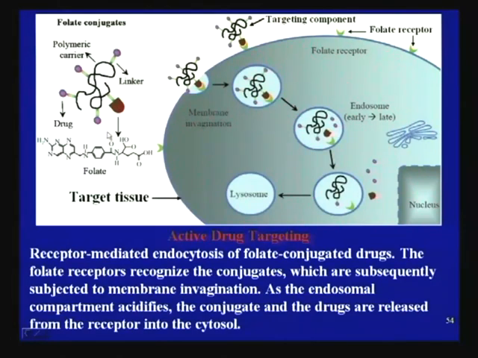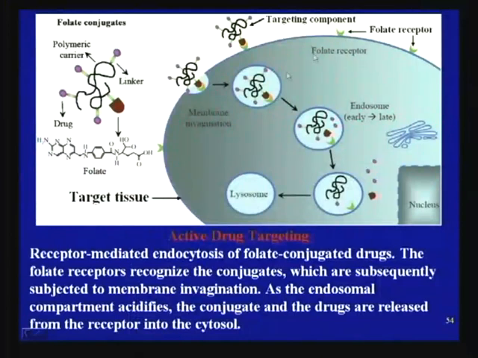So, this is a system of polymer and drug containing some folate or some detector like a metal detector, and here is a receptor. So, only if this receptor is present somewhere, you see inside is a receptor.